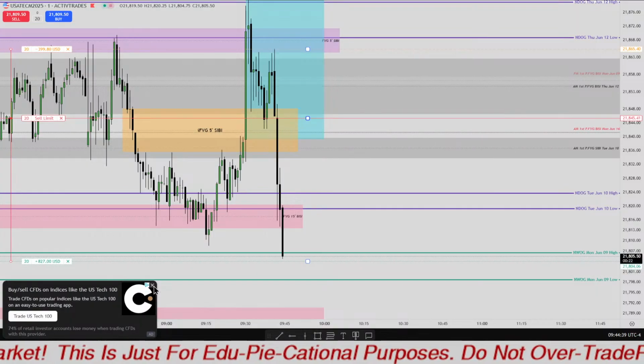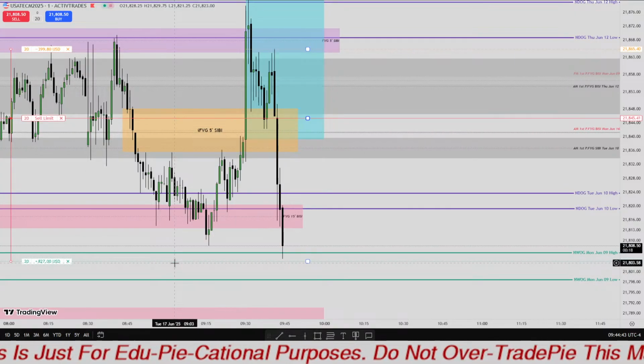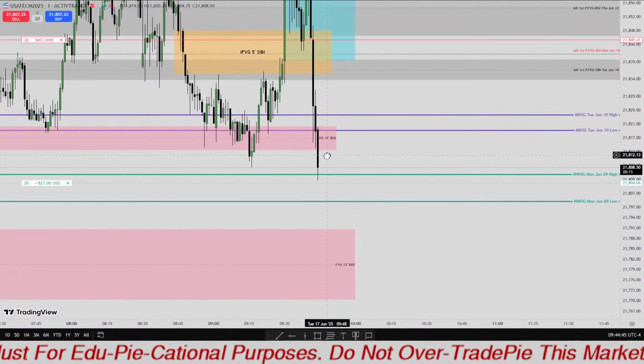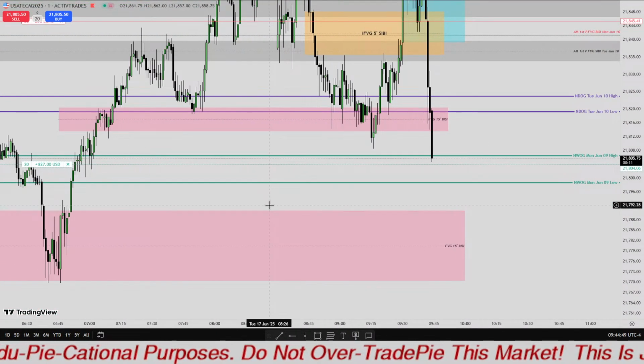Now we tapped into the new day opening gap for last week, and let's see if the market has any intention to go lower.